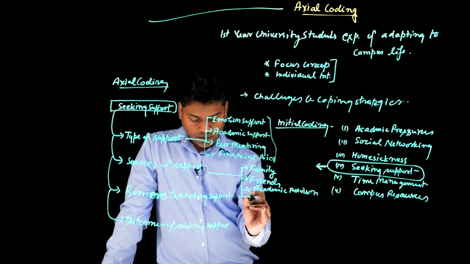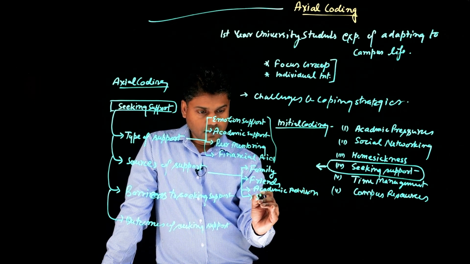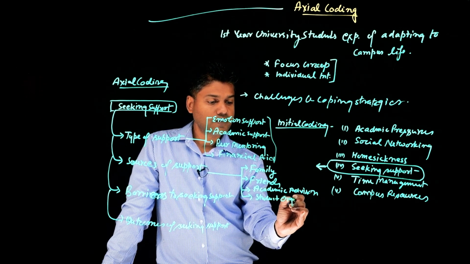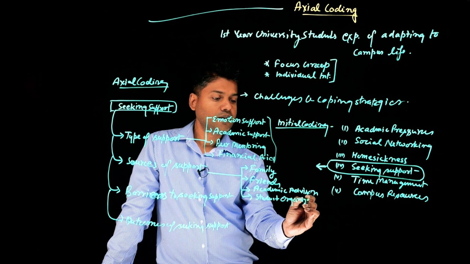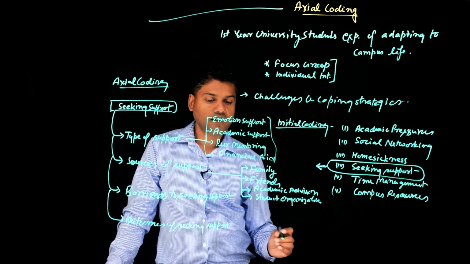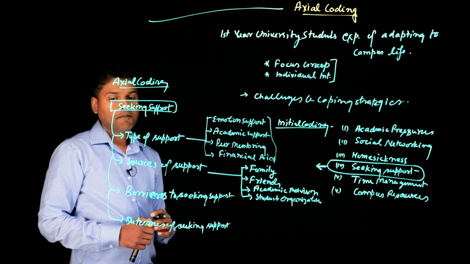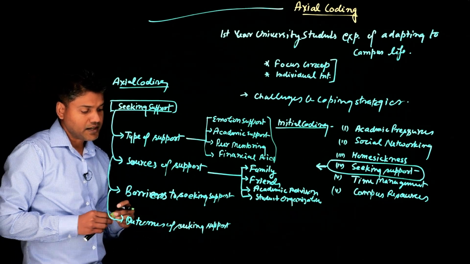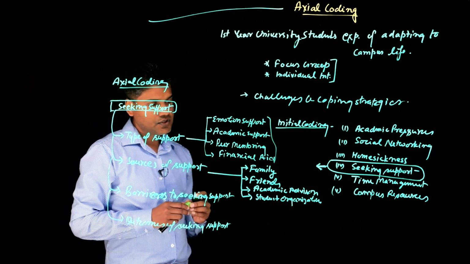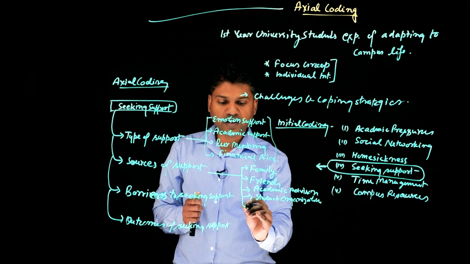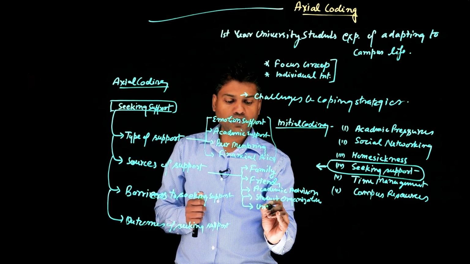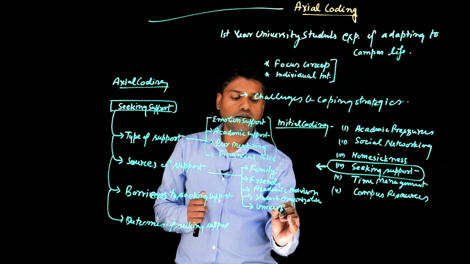And the support could be student organizations on campus. So sources of support: family, friends, academic advisors, student organizations. I can also add another source of support, which is university counselors.